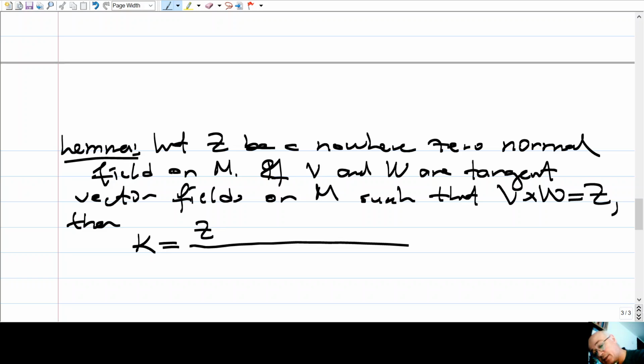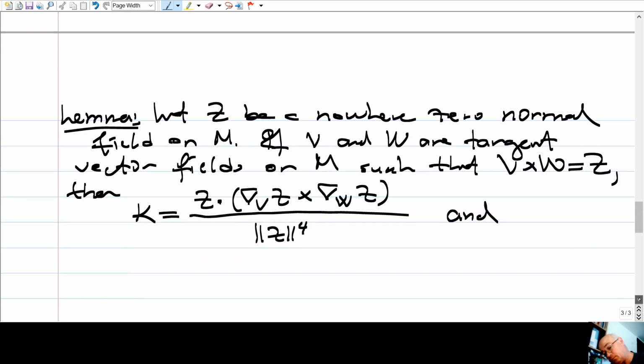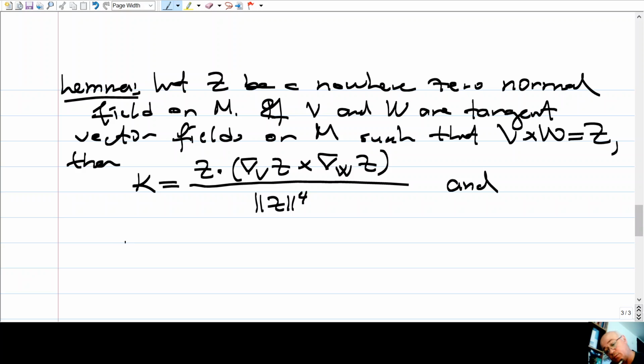So this is Z dot product, the covariant derivative of Z cross the covariant derivative of Z. Again, the first one is with respect to the field V, the other one is with respect to the field W, divided by the fourth power of the norm of Z. And we also have this conclusion, I mean this formula for the scalar curvature.